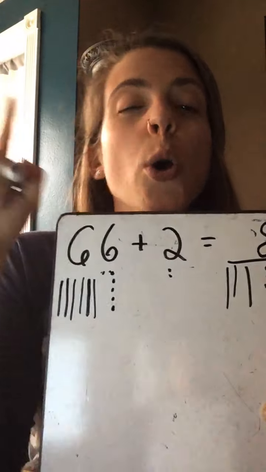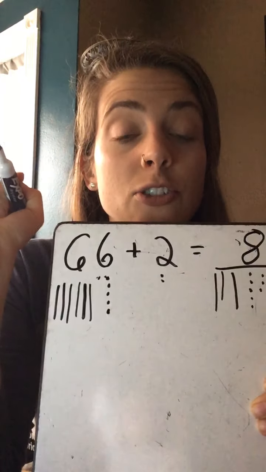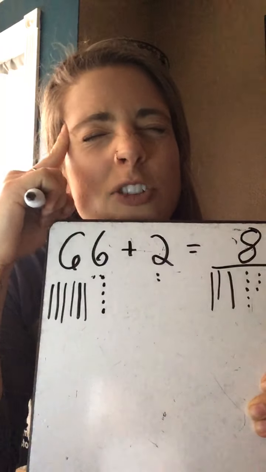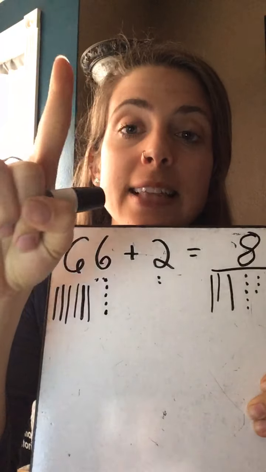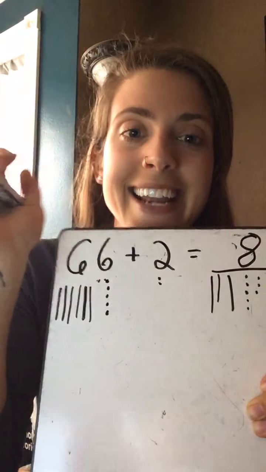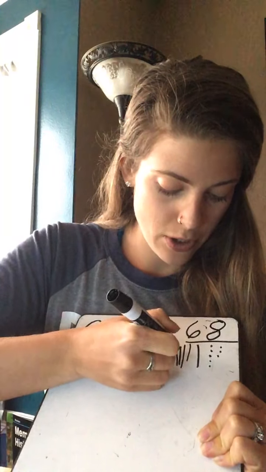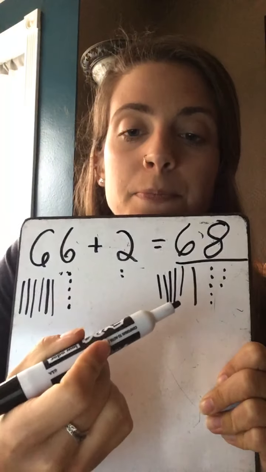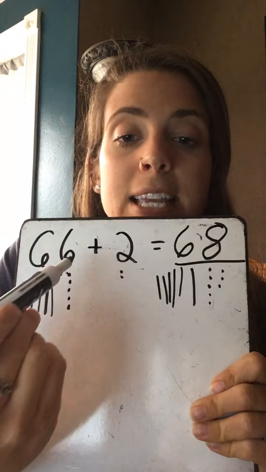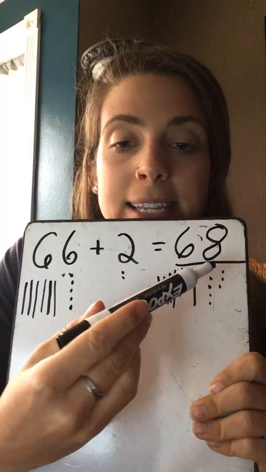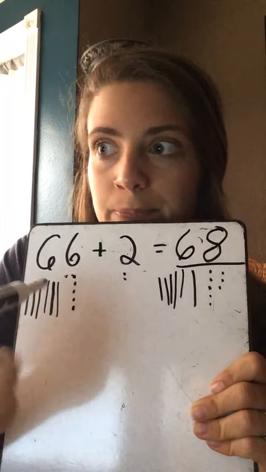Our ones stayed the same. 66 plus 2 more. We could even think about this with our counting on strategy where we put 66 in our head and we add 2 more. 66, 67, 68. So our answer is 68. We can add our 1, 2, 3, 4, 5, 6 tens down there. So we can see that our 6 and our 2 is still 8, and we just changed our tens.